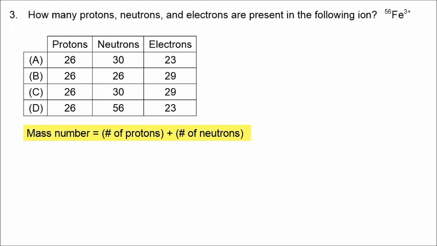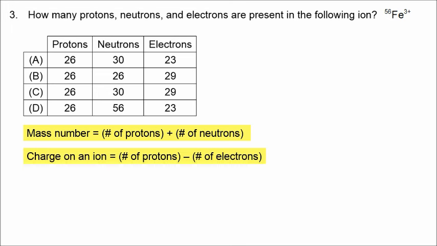And the charge is equal to the difference between protons and electrons. Since we have a positive 3 charge, that means that the neutral atom lost 3 electrons. So the correct answer is 26 protons, 30 neutrons, and 23 electrons.